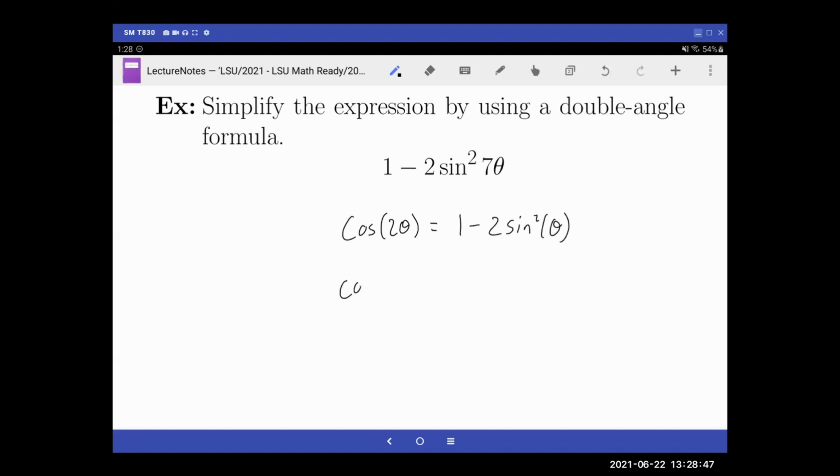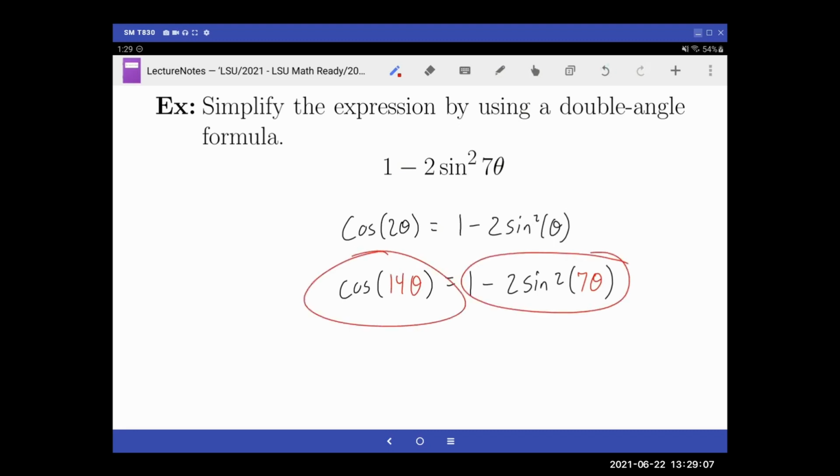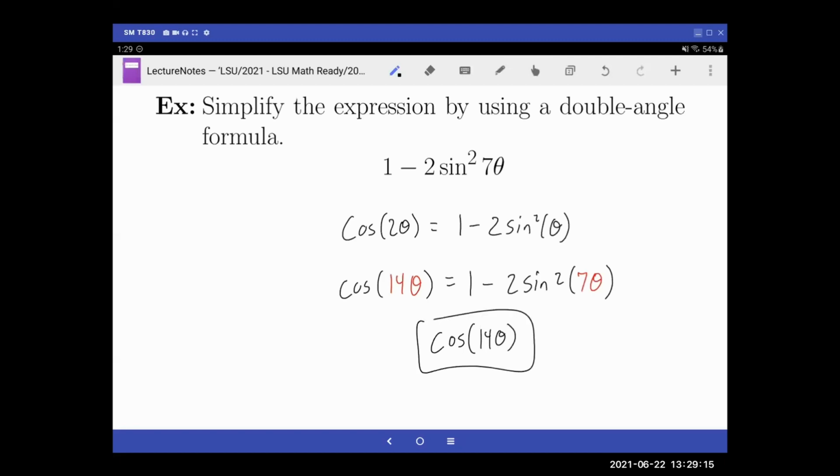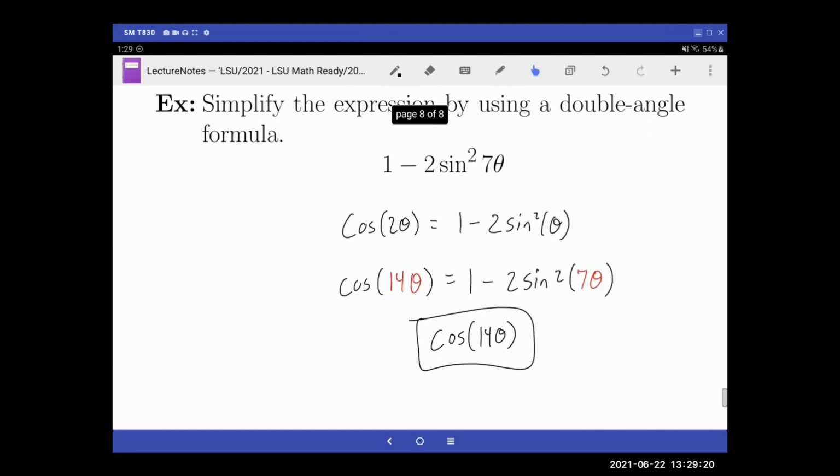So if I were to double it, make this 7 theta, then again, doubling it would give me 14 theta right here. So this equals that. So my expression rewritten is cosine of 14 theta. And that is that. Okay, let me go ahead and stop recording.